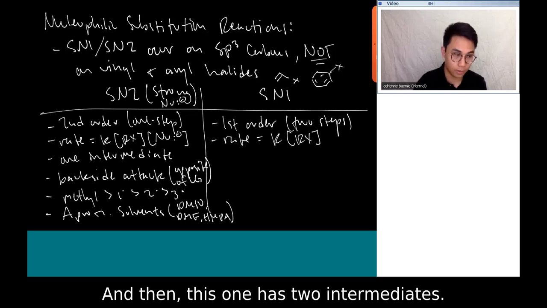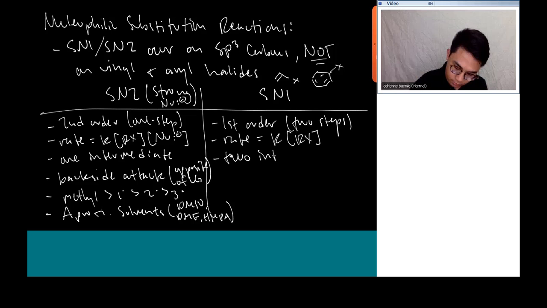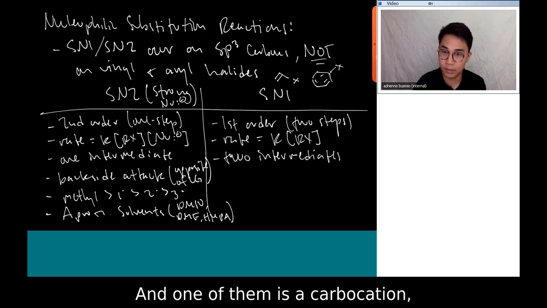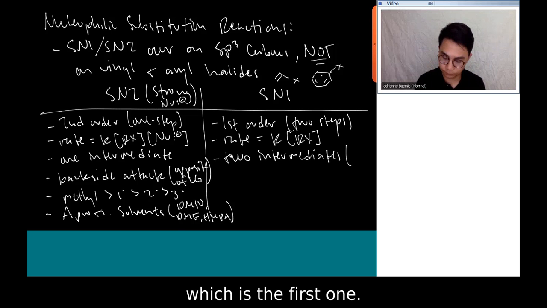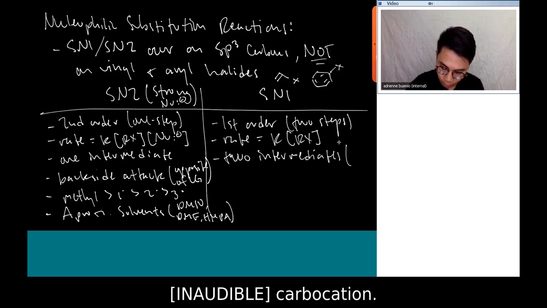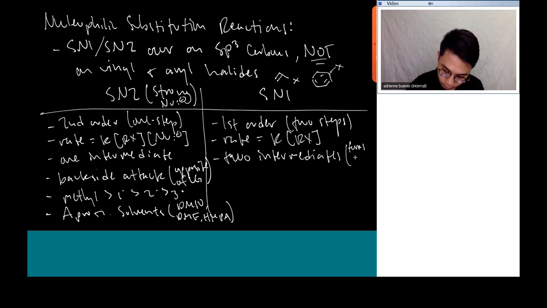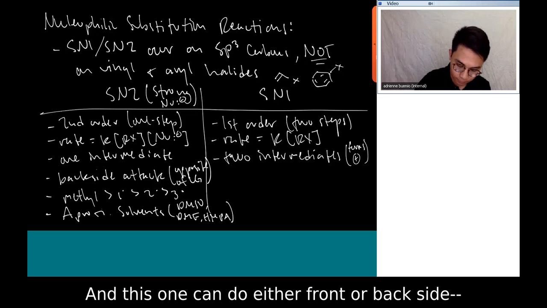And this one has two intermediates, and one of them is a carbocation, which is the first one. It forms a carbocation.